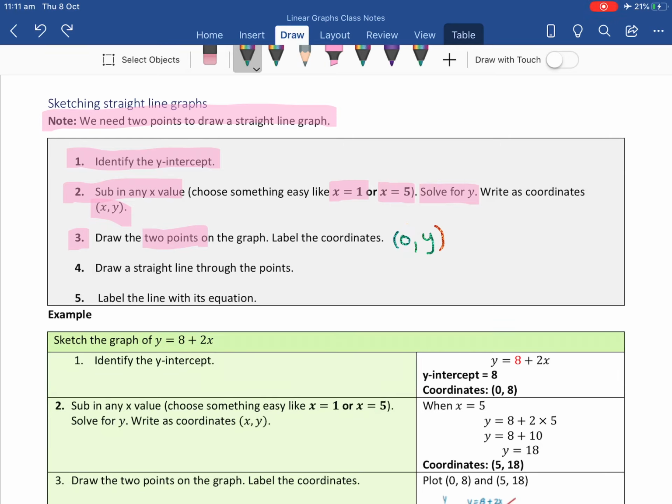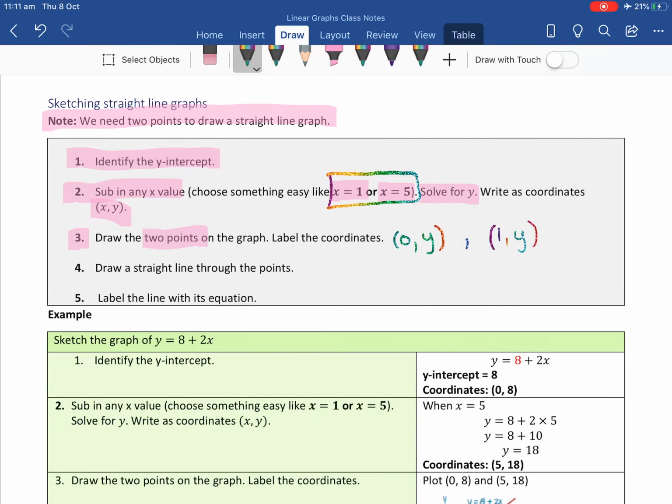And then our second point is whatever value you choose for x. It could be x equals 2. If you want to make it hard for yourself, you can choose x equals 7.3 or something silly. But let's just say we choose x equals 1. So we know when x equals 1, you'll find a value for y. So that's where your 2 points come from.